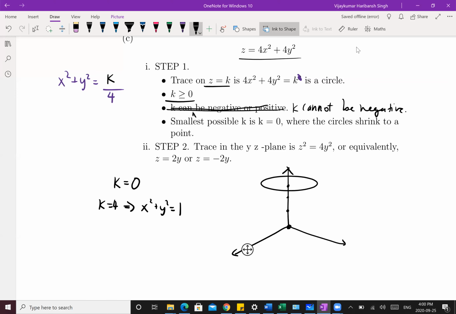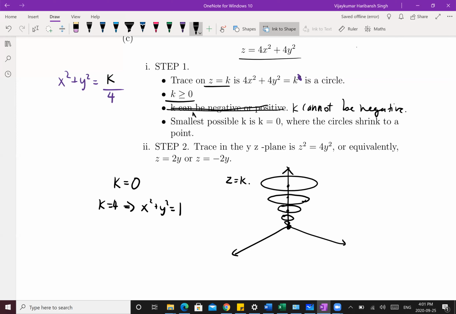For smaller k, we have smaller circles. These circles keep on growing in size: a point here, then a slightly bigger circle, then bigger, and bigger. This is how it looks in z equals k.